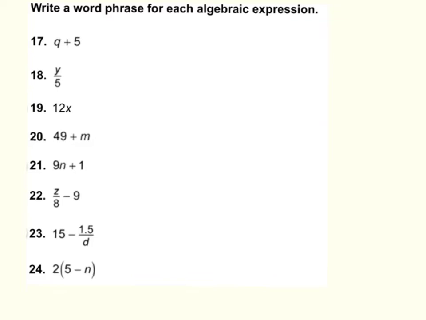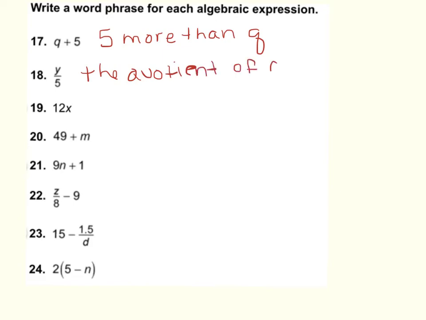Yep, you guessed it, we're going to go backwards now. We have q plus 5. There are other ways you could write these, but I would say 5 more than q. For 18, we have division, so we could say the quotient of y and 5.